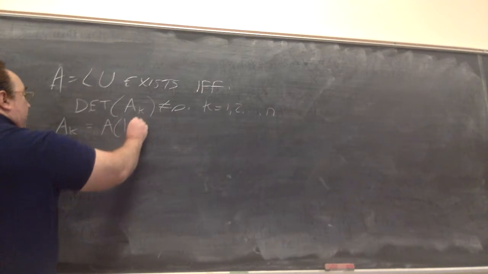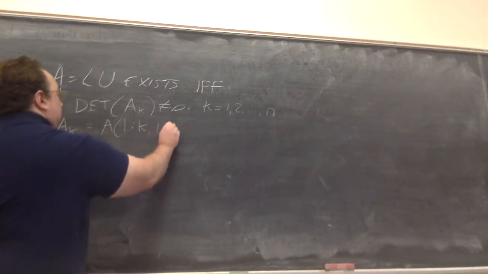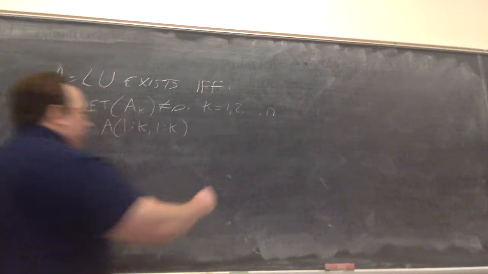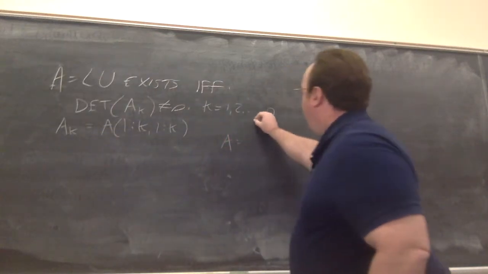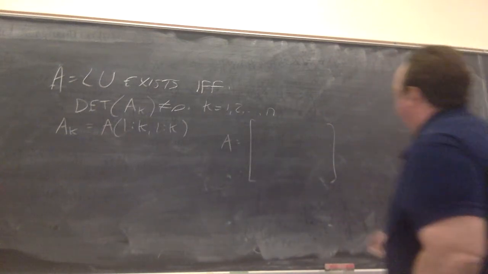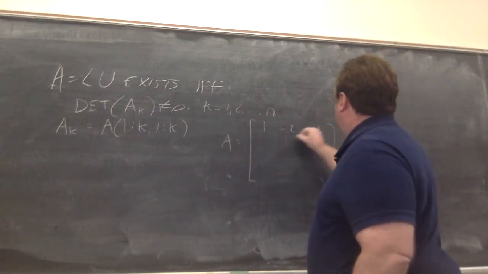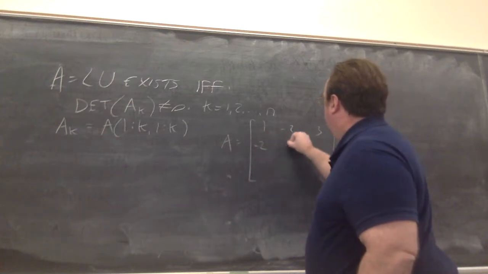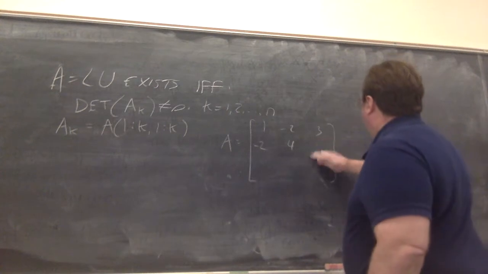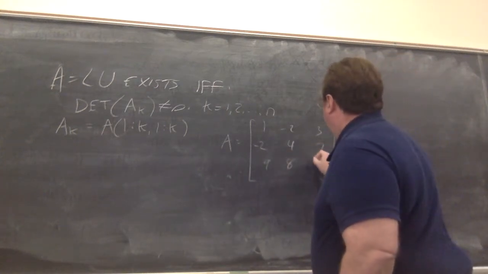It's rows and columns 1 through k. So in other words, if I were to write out A, actually I'll just use the example from before, with 7, 8, 2.